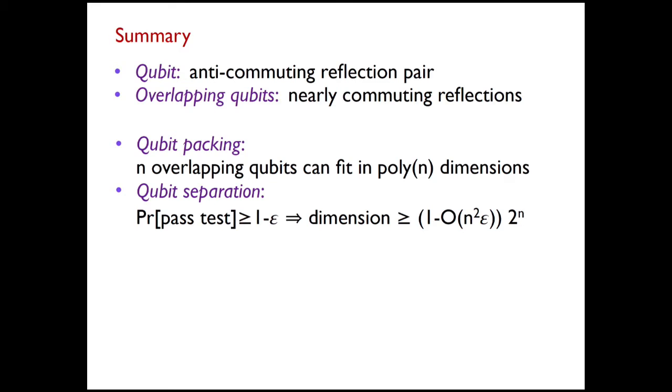So, in summary, our work defines a qubit to be an anti-commuting reflection pair, and our key conceptual contribution is that qubits can be arranged in a way that their corresponding observables only almost commute with each other. Based on this definition, we gave both positive and negative results.